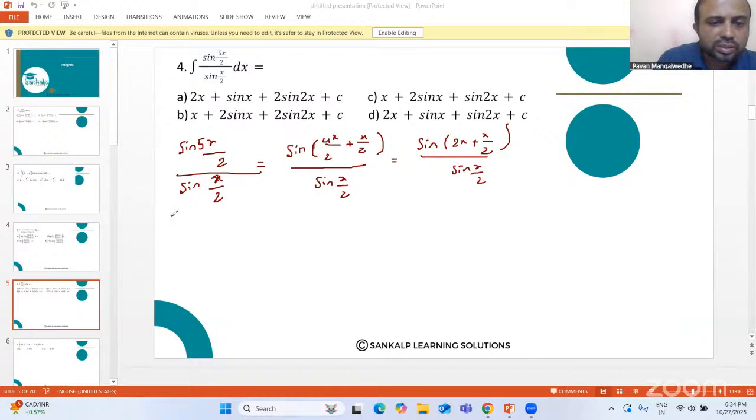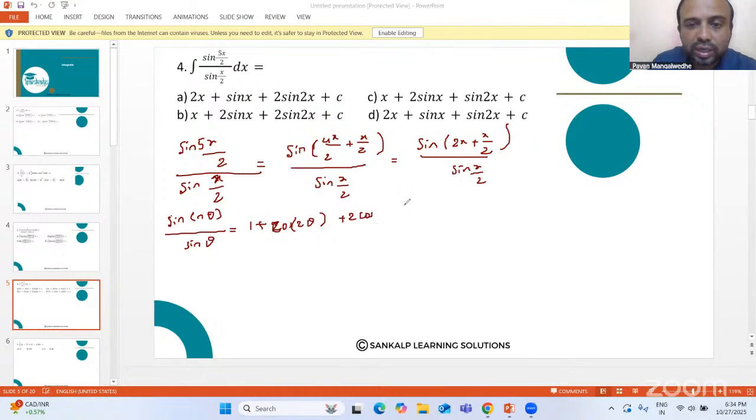Sine of n theta upon sine theta is equal to 1 plus 2 cos 2 theta plus 2 cos 4 theta, and so on.